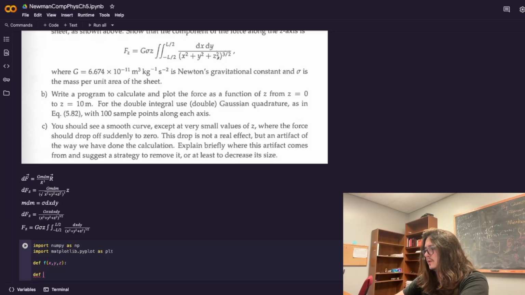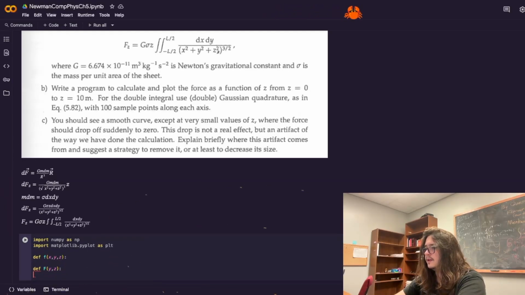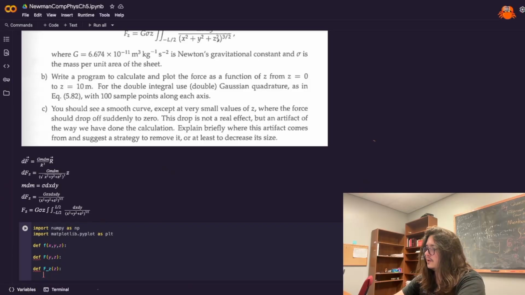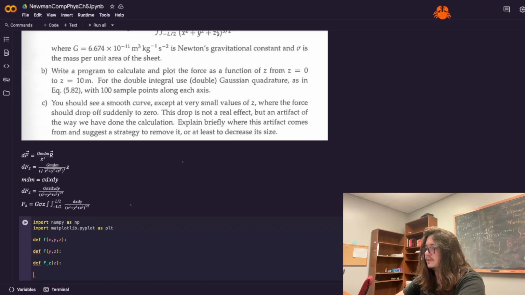I'm going to call that capital F, and it's going to be dependent on y and z, because it's running over all the values of x. Outside of that, there's going to be another function which calculates the z component of the gravitational force, f sub z, which should just be a function of z.